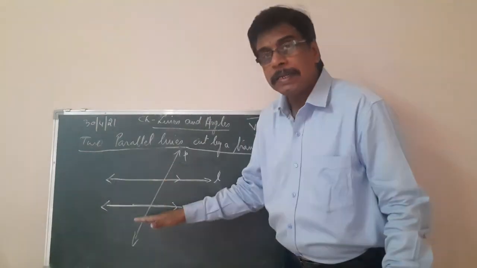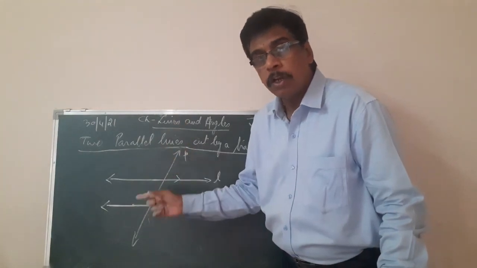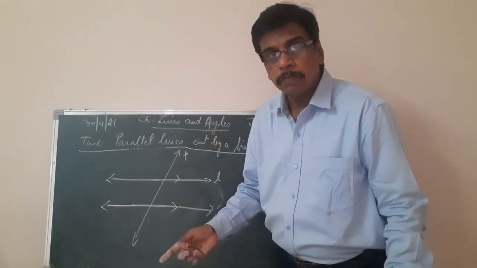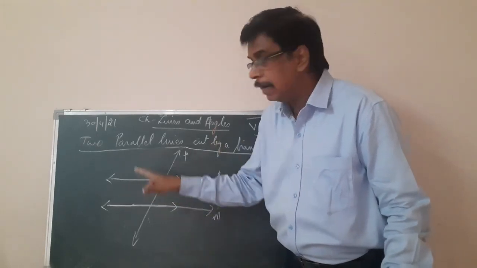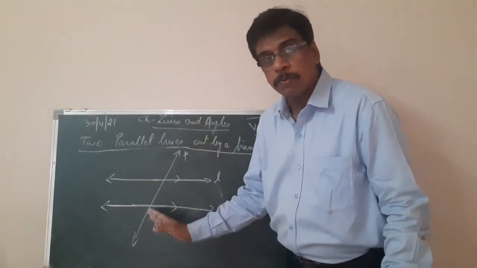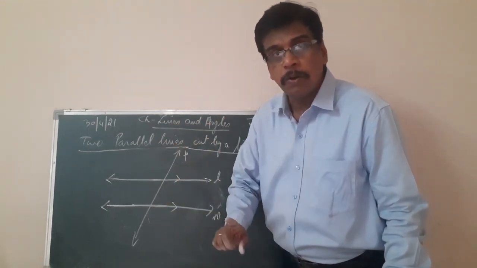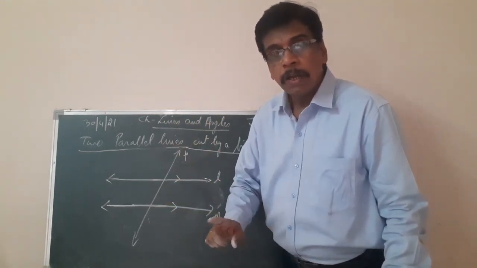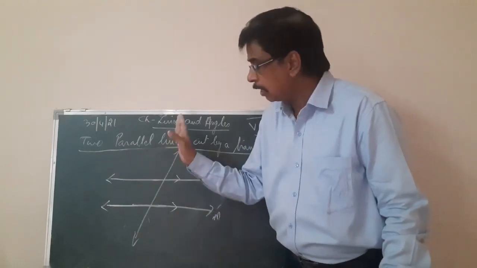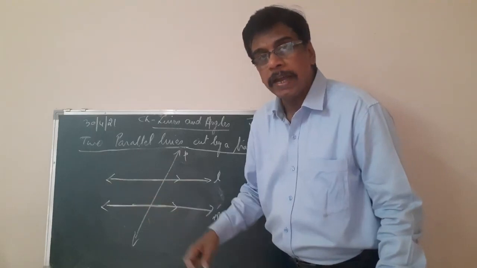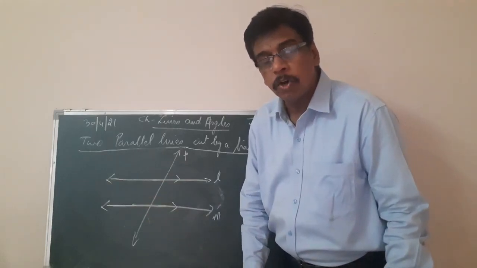If two parallel lines are cut by a transversal, alternate interior angles are equal. If two parallel lines are cut by a transversal, alternate exterior angles are equal. If two parallel lines are cut by a transversal, the sum of the co-interior angles is 180 degree or supplementary.